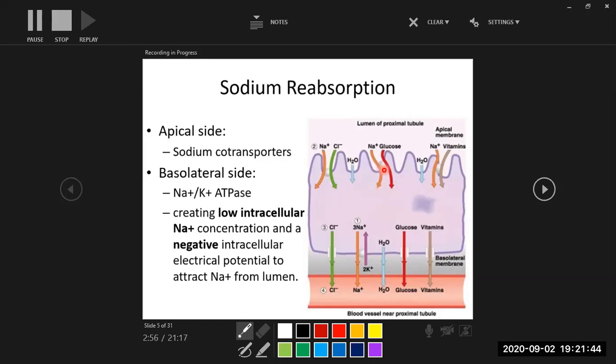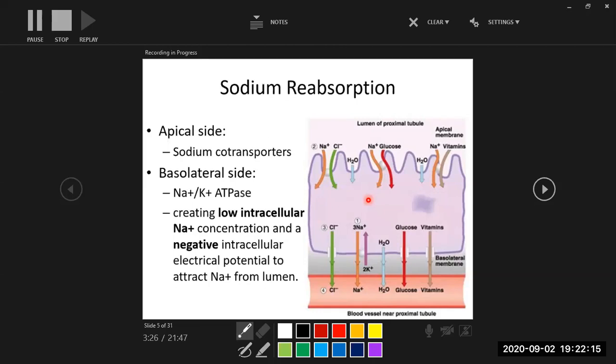So this co-transporter can be driven by the sodium concentration gradient. When sodium comes in, it carries one glucose in, and then the glucose is transported back to our body. When sodium comes in, vitamins come in. When sodium comes in, amino acids come in. So that's how we reabsorb the sodium.